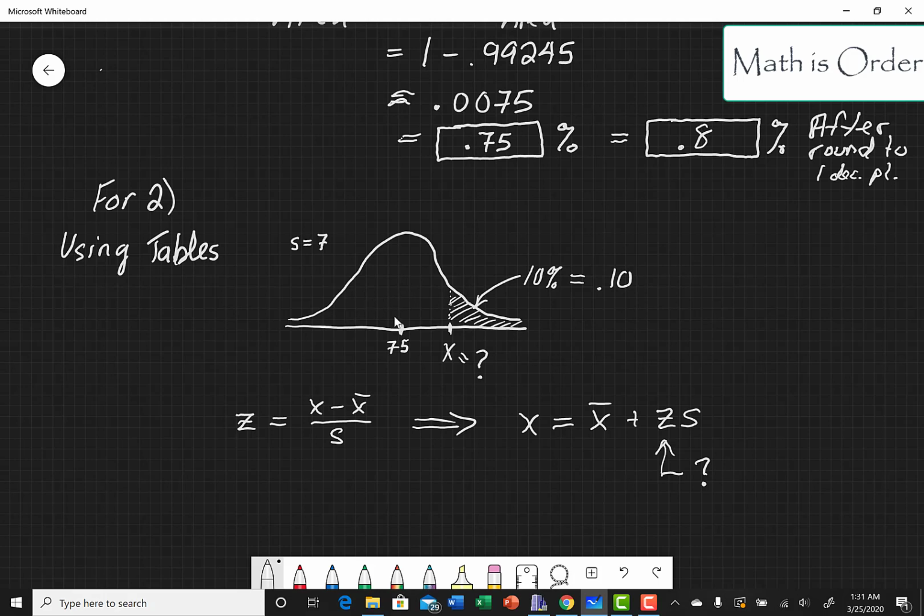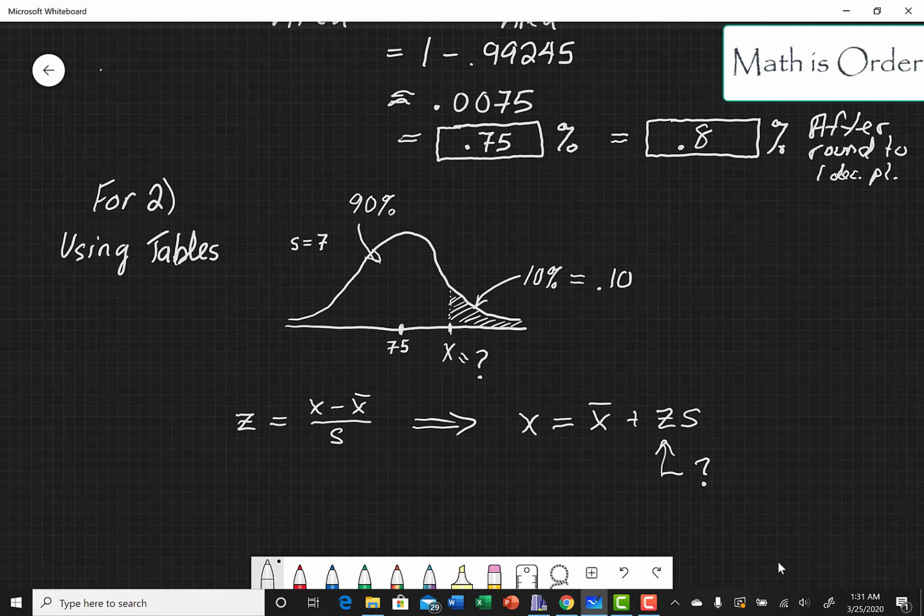This part of the curve has got to be 90%. Do you see why? Because the total area under the curve is 100% or 1. So this region has to be 90%, and this represents the left area. So we need the z-score corresponding to this 90% or 0.9, right?